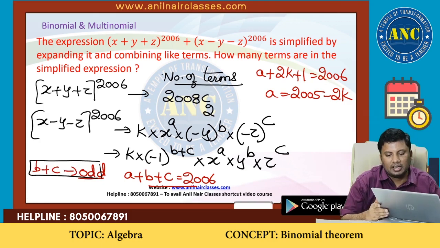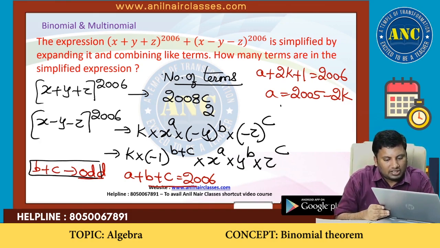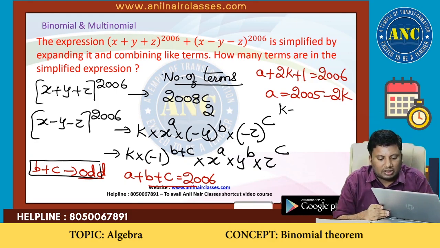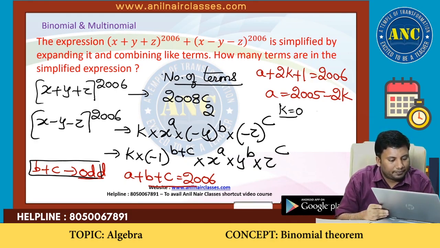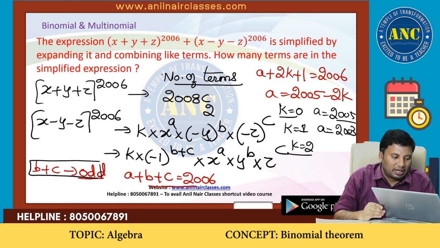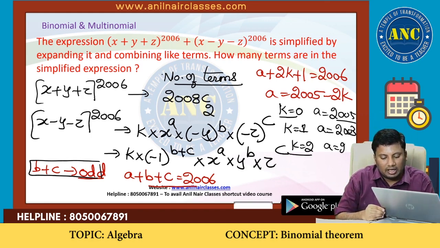If k is 0, a is 2005, which is one solution. If k is 1, another solution is a is 2005 minus 2, which is 2003. If k is 2, a is 2001.